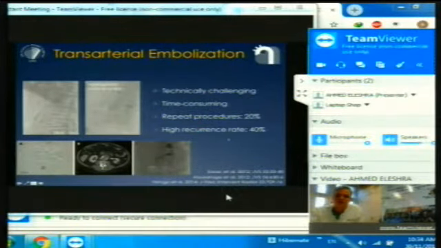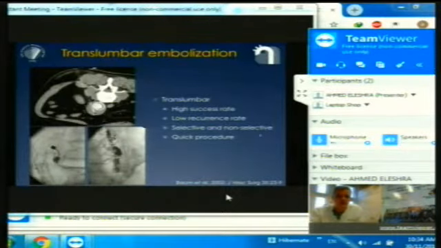The issue with this technique is that it's usually time-consuming, requires a lot of interventional skills, and also shows a high recurrence rate, as usually a larger number of side branches contribute to the endoleak.